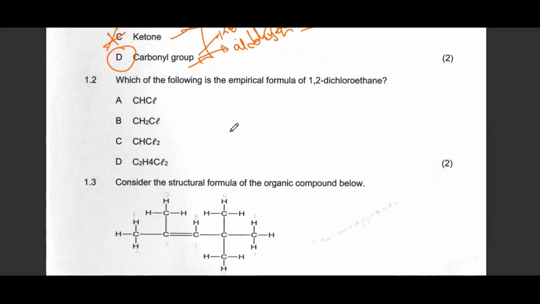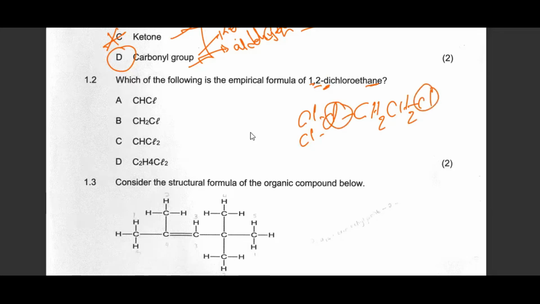Then they're saying which one of the following is an empirical formula of 1,2-dichloroethane. So I expect 2 chlorides somewhere. If this is ethane, I expect it to have a chloride that side and a chloride that side, on carbon atom number 1 and carbon atom number 2.